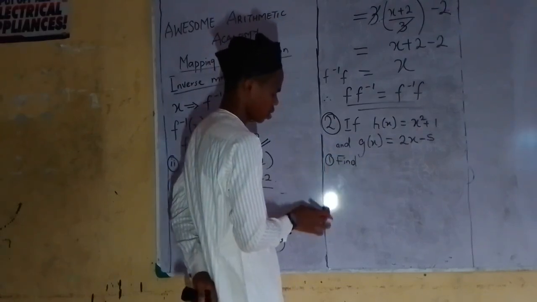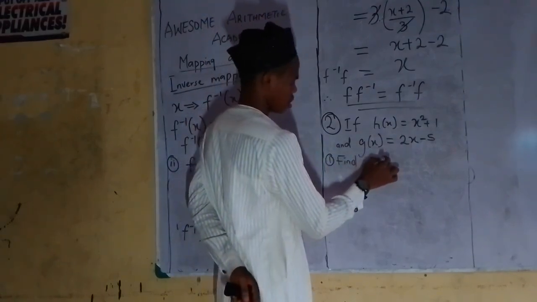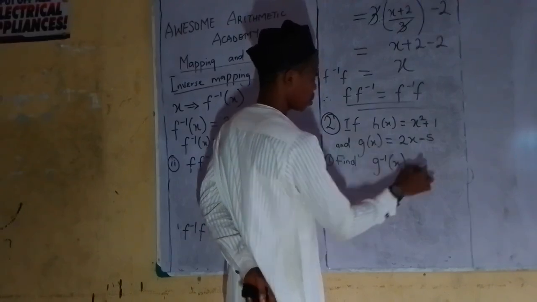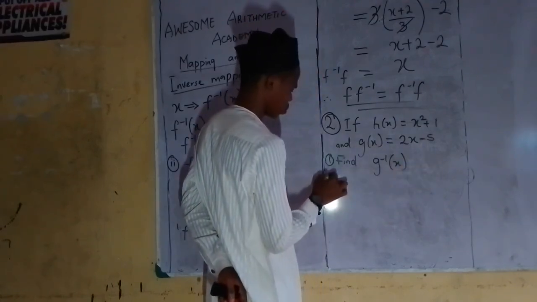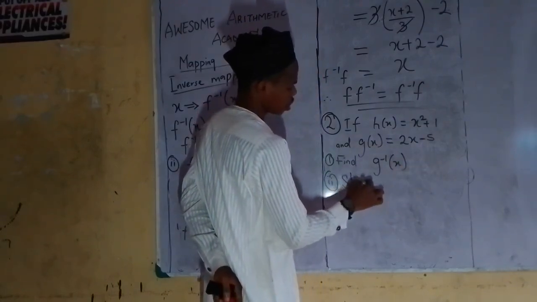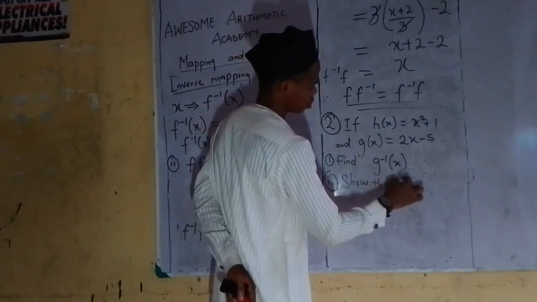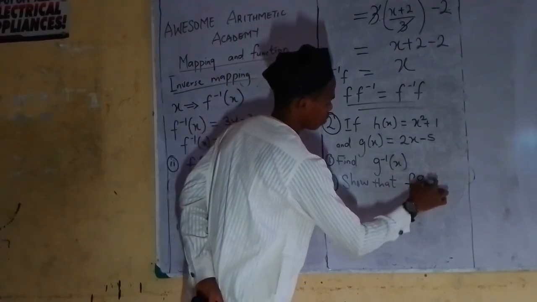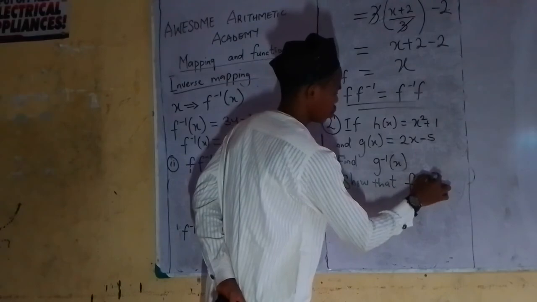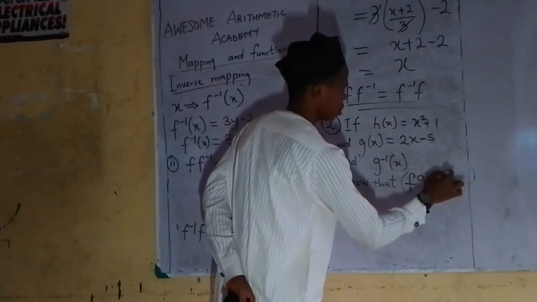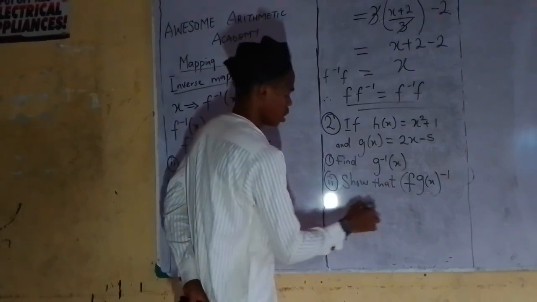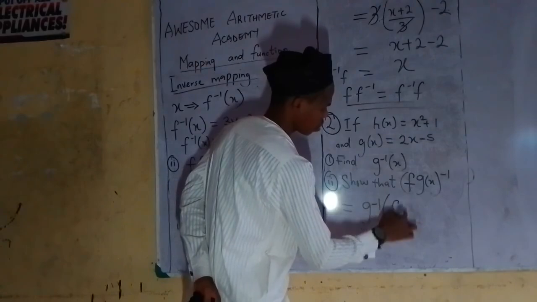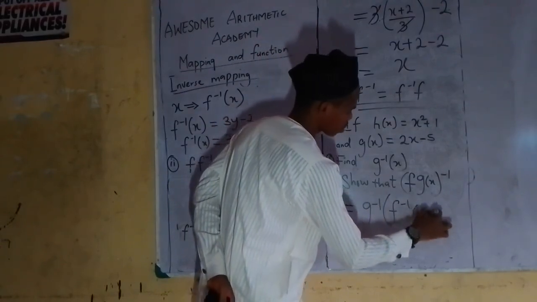Find g inverse of x, and then 2. Show that, what are we showing? (f g of x) inverse is equals to g inverse of f inverse of x.